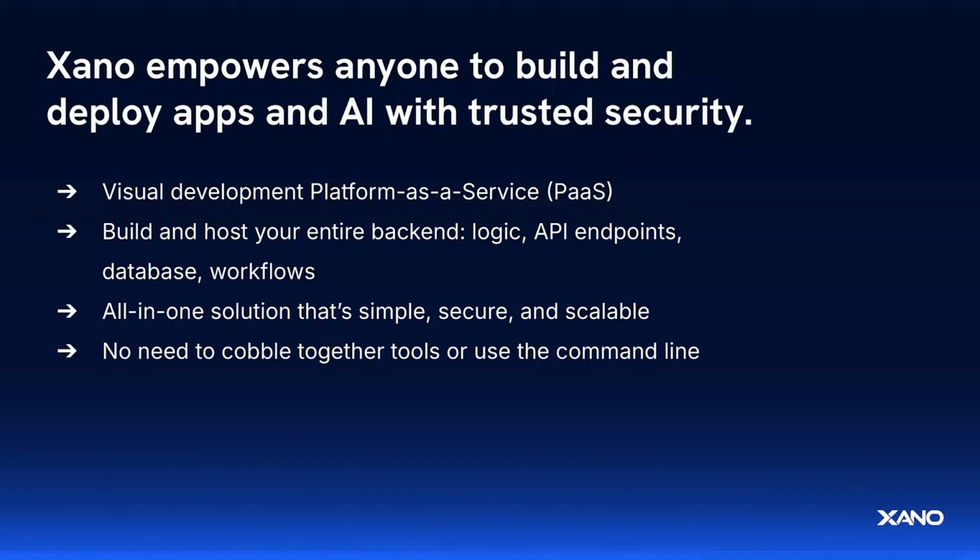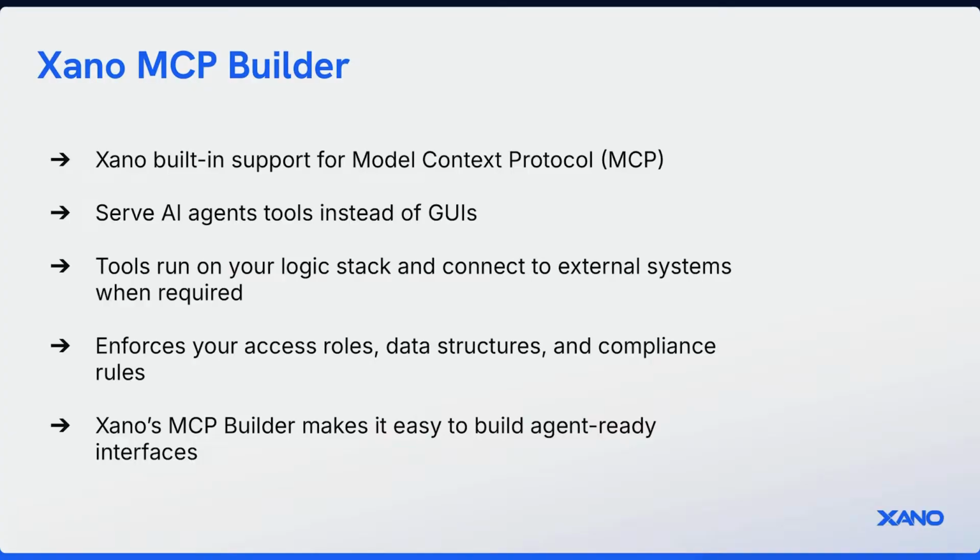The real benefit is that you're not cobbling together different tools with command line instructions and so on. Let me quickly go into what makes it really powerful for AI. We've added first class support for MCP, Model Context Protocol.